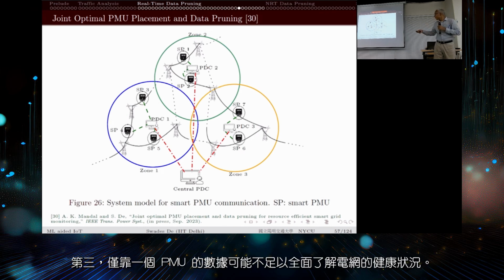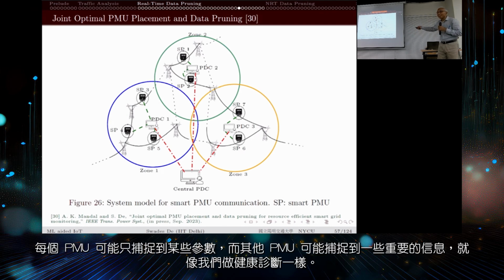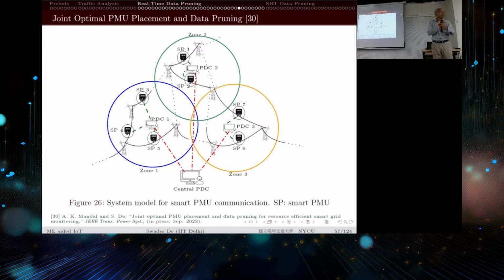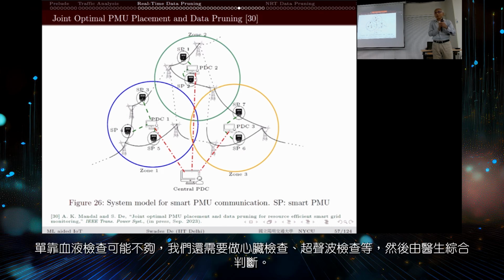And third, one PMU's data may not be sufficient to capture the grid health. This PMU might capture certain parameters, and this other PMU might capture certain others. Like in our health diagnosis, only a blood parameter is not sufficient. Possibly I have to do a heart test, an echo, etc., and combinedly the doctor gives a diagnosis. This is very similar.